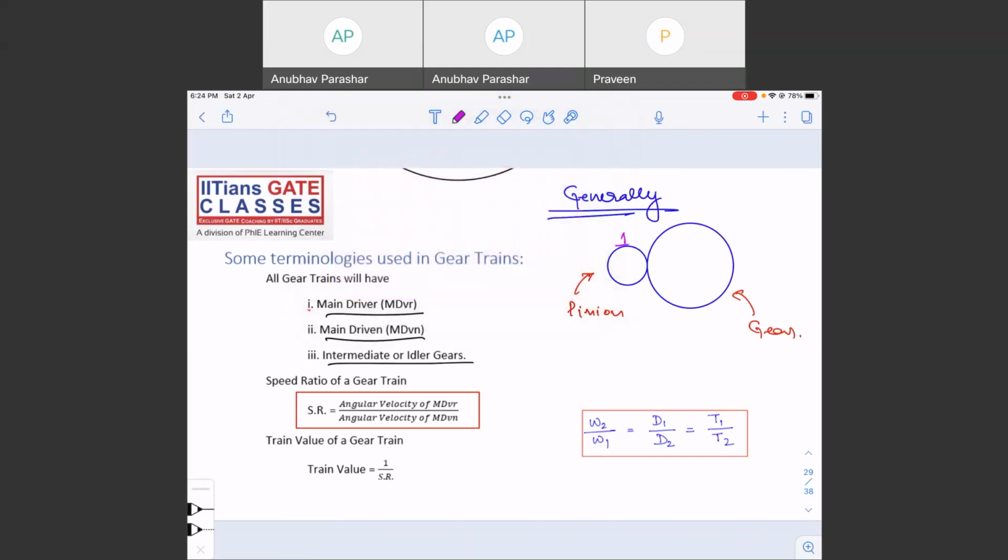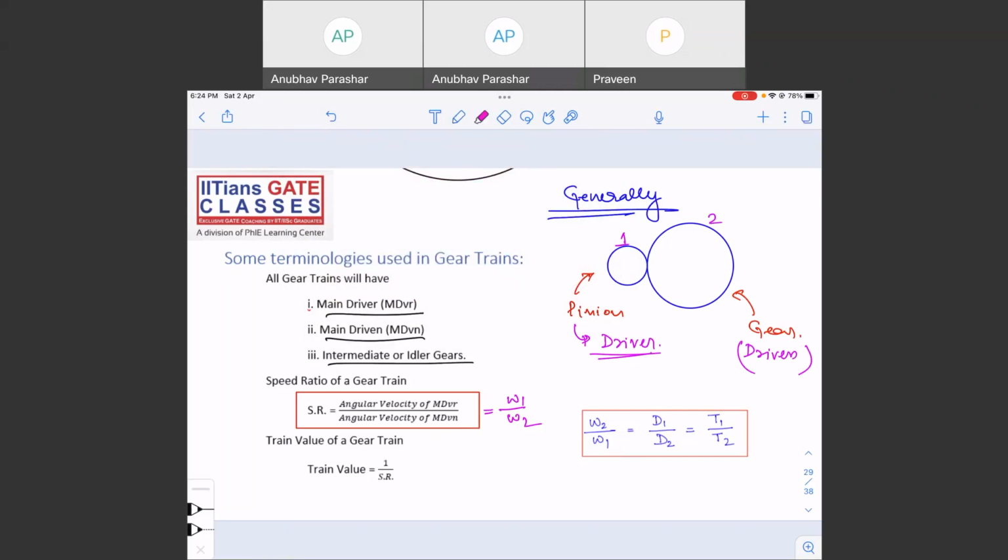Pinion is generally numbered as 1 and gear is numbered as 2, and the pinion is generally the driver, and the gear is the driven one. Please remember this. The angular velocity of main driver by main driven can be written as omega 1 by omega 2.